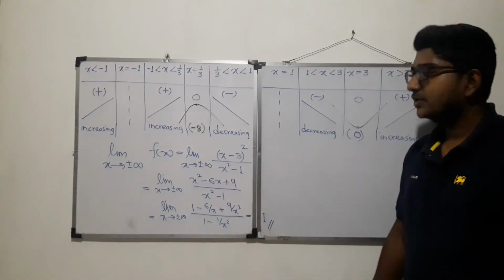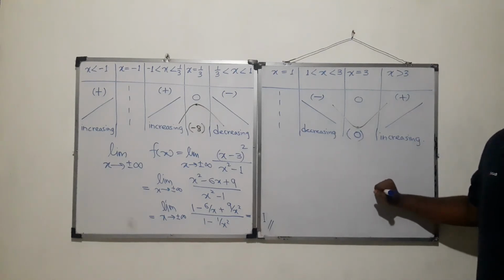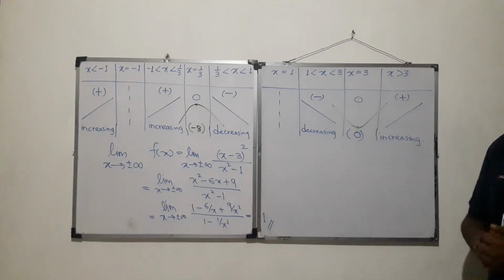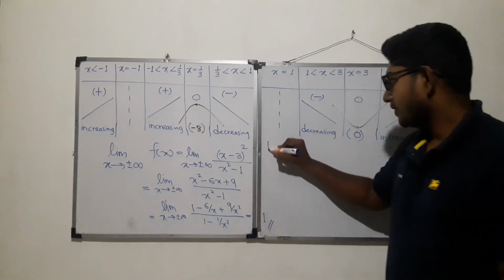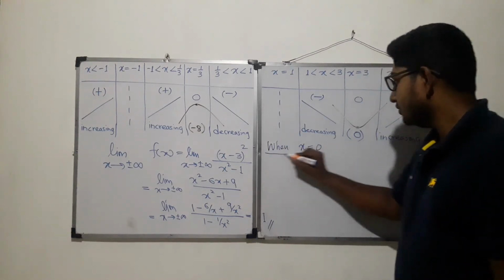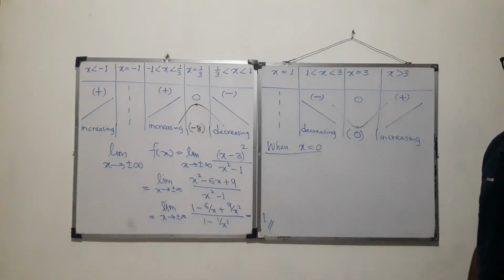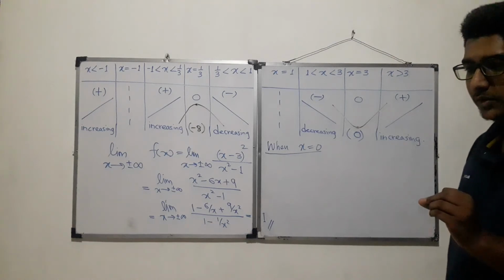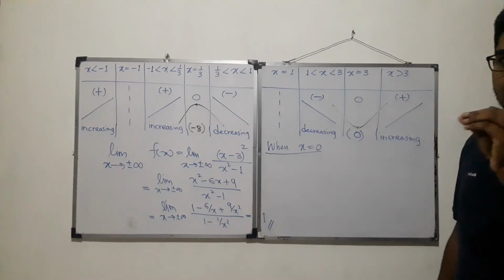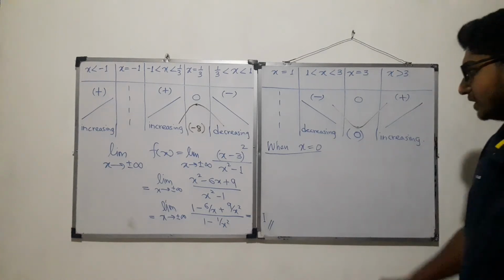After finding the horizontal asymptote, we have to find the intercepts, x-intercepts and y-intercepts. To find the y-intercept, we have to find the value of the function when x equals 0. When x equals 0, we can find where the function is intersecting the y-axis.